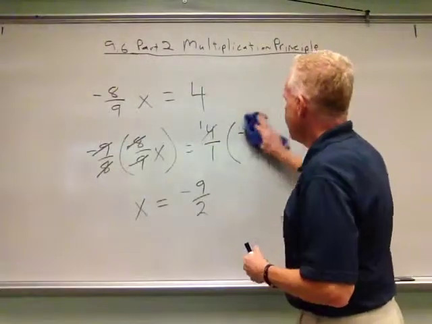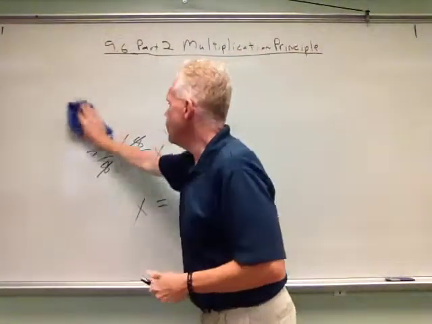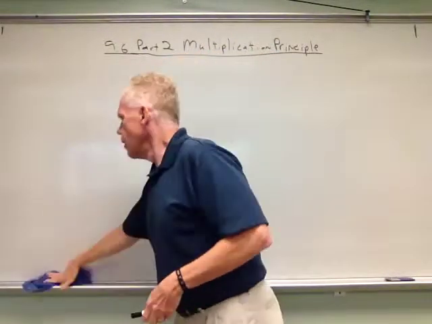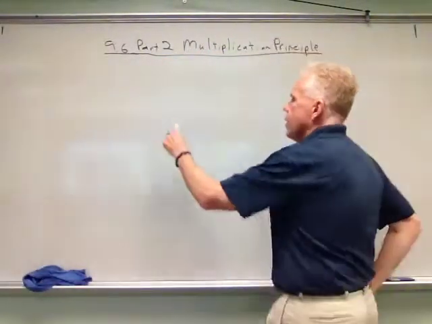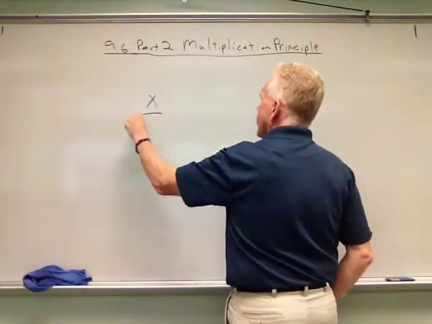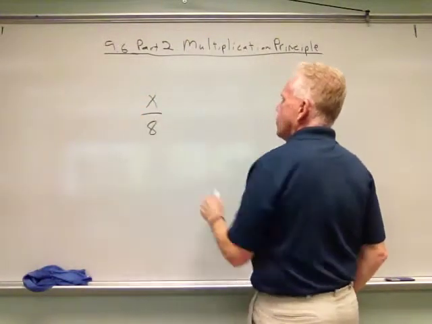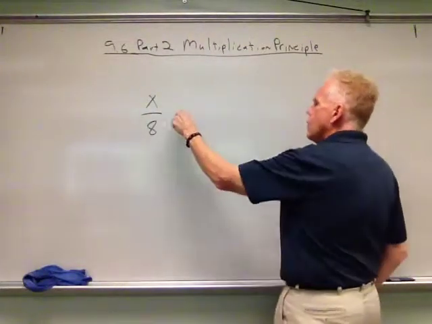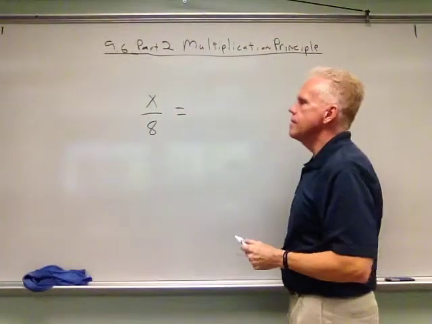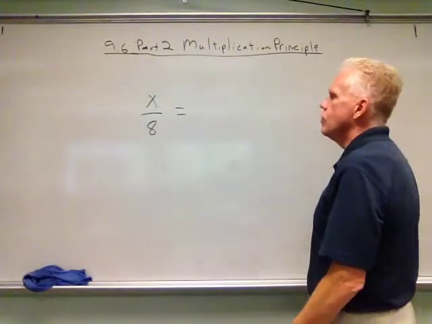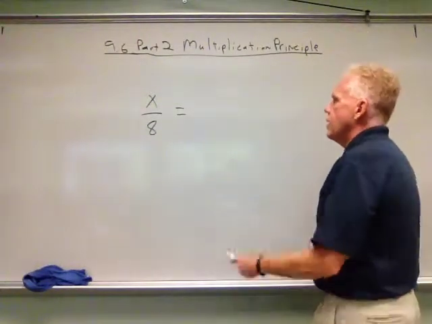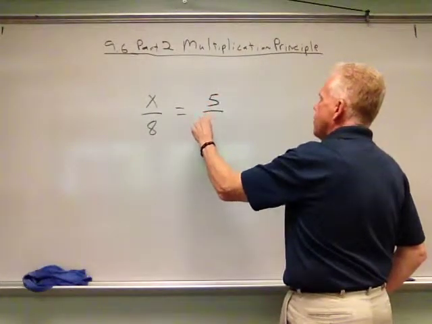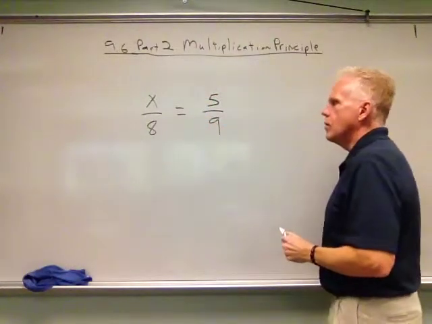One more piece to this that could be helpful to you. One more little way we can use this. Sometimes you'll have something like x over 8 equals 5 over 9.